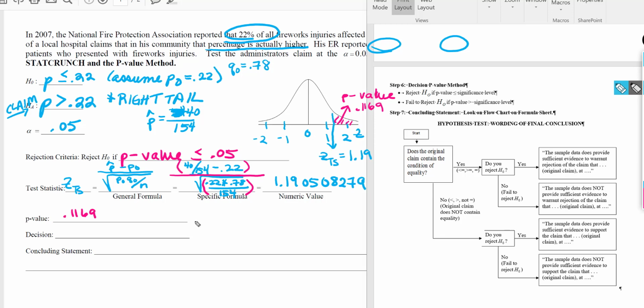So I'm going to take my 0.1169 and I'm going to compare it to my significance level of 0.05. If you want to, add a couple decimal places to help you see if it's less than or greater than. And we can clearly say that this is greater than. So according to this, we have to fail to reject the null if our p-value is greater than our significance level. So our decision here is going to be fail to reject the null.